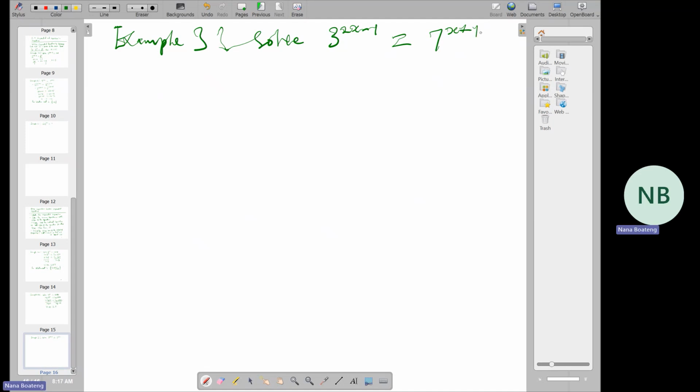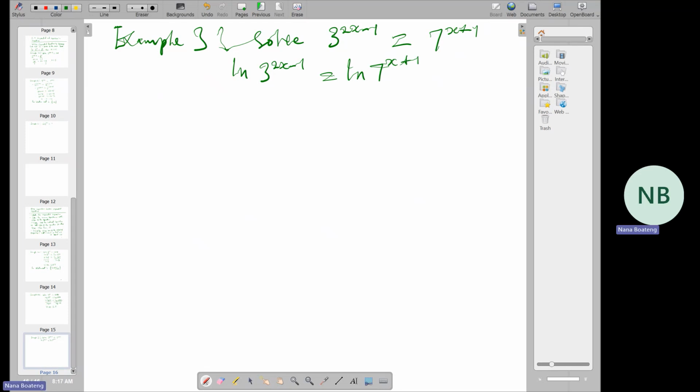Okay, so we can take natural log on both sides, so that will give us the log of 3 power 2x minus 1 is equal to the natural log of 7 power x plus 1.